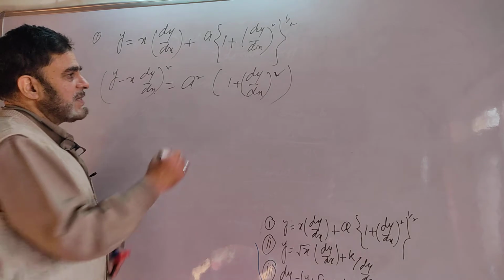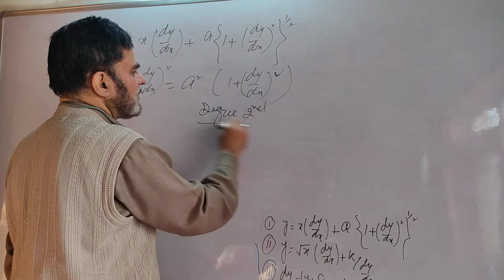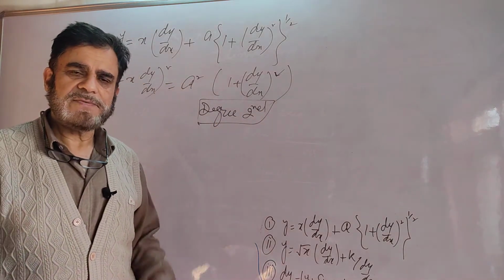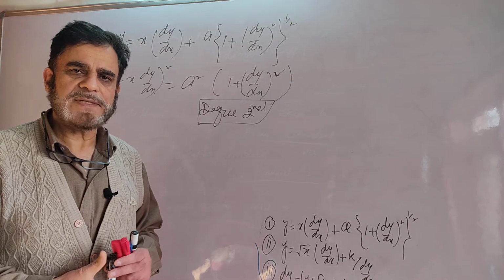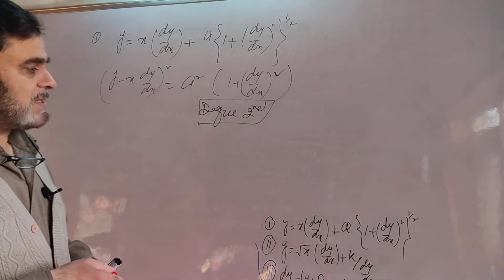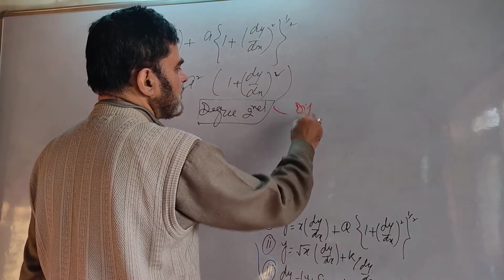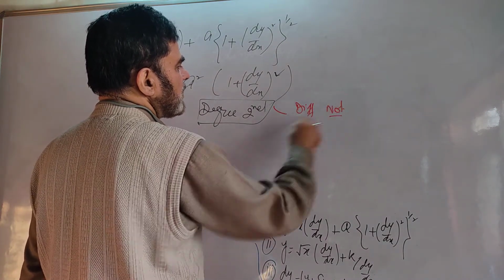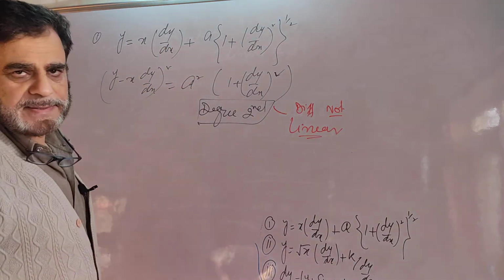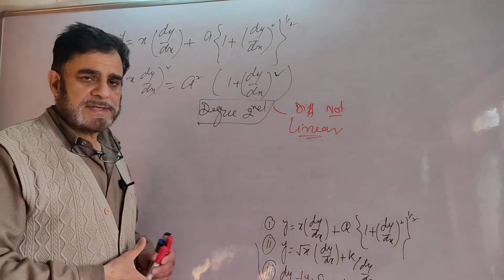Order is 1, but it is of degree 2. You know how we find the degree? First we see the order, then we see the highest exponent or power of this highest order derivative. It is 2, so the degree is 2, therefore it is not linear. This differential equation is not linear. So we have tested this character by verifying that the degree is 2, so it is not linear.